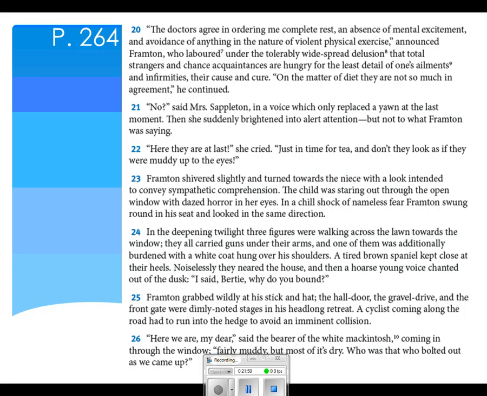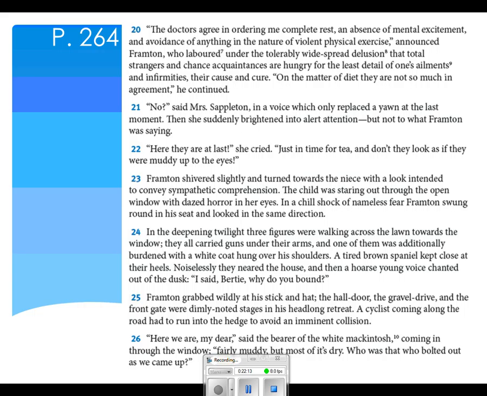"Hello at last!" she cried. "Just in time for tea, and don't they look as if they were muddy up to the eyes?" Frampton shivered slightly and turned towards the niece with a look intended to convey sympathetic comprehension. The child was staring out through the open window with dazed horror in her eyes.